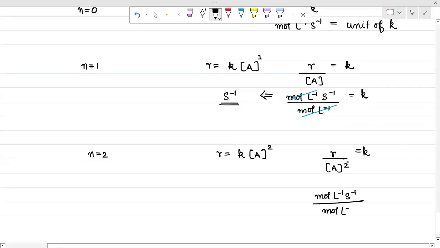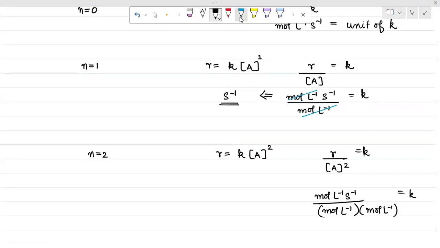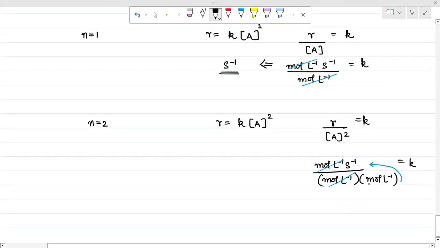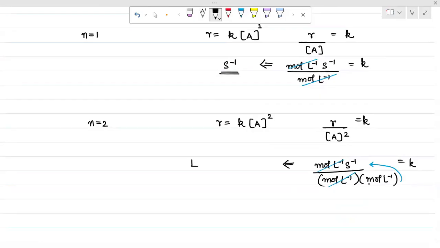Concentration is moles per liter, squared. So one moles per liter cancels out, and when you take the rest towards the numerator, per liter becomes liter. So this is just mole in the denominator, which becomes per mole when it comes to the numerator, and this is second. I hope you know this, okay?